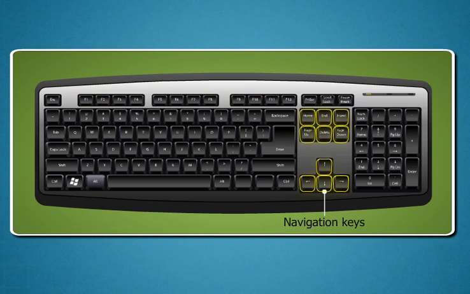The navigation keys help us to move around in documents, data sheets, presentations, or web pages, and edit text. These include the arrow keys, home, end, page up, page down, delete, and insert.